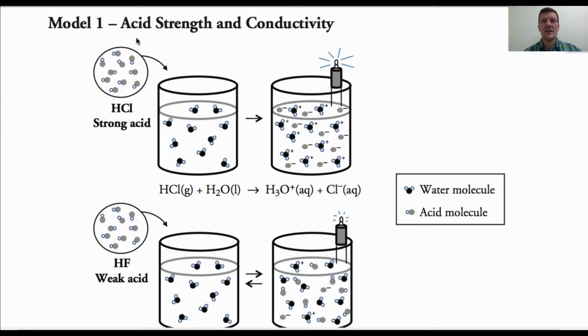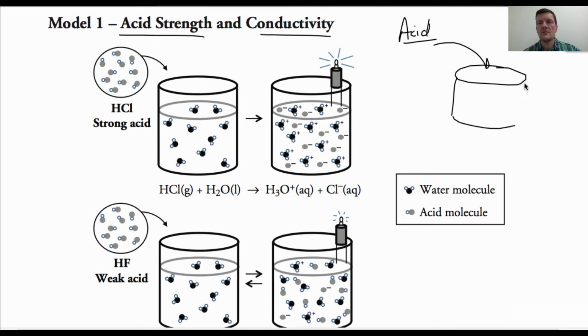This Model 1 is trying to help us understand acid strength and conductivity. So I'm just going to mention here, remember, one of the definitions of an acid is that when you put it into water, you are going to have hydronium ions, which really, remember, is the H plus and the water.